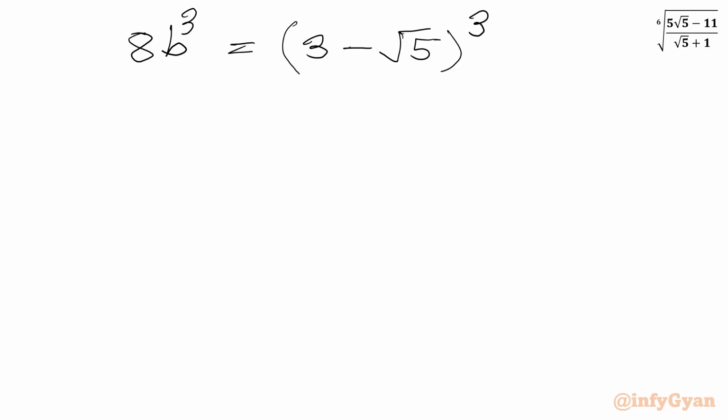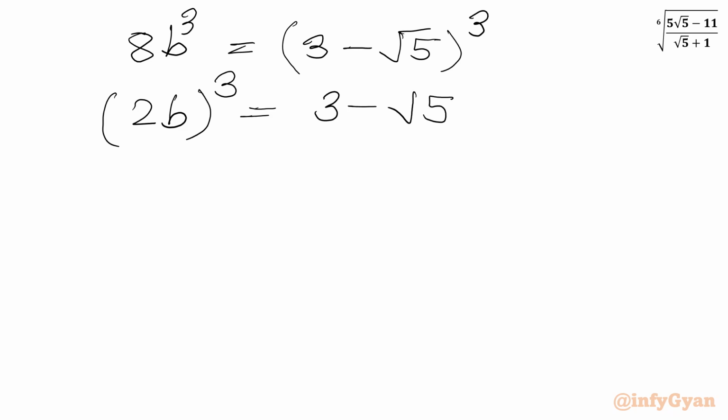Now we will consider cube root on both sides. Before that I should write LHS as 2b whole cube. RHS is 3 minus root 5 whole cube. Now for real value of b, I will consider cube root on both sides.